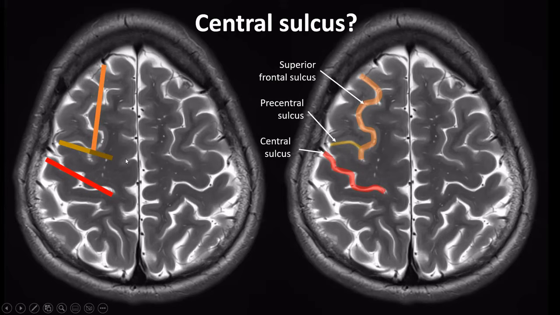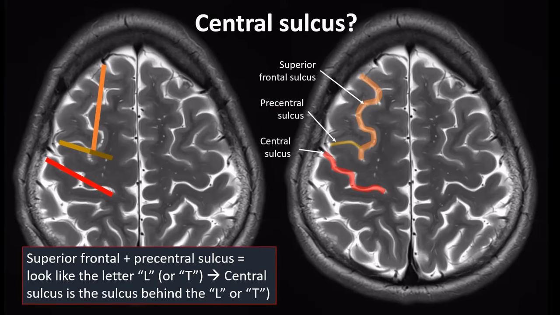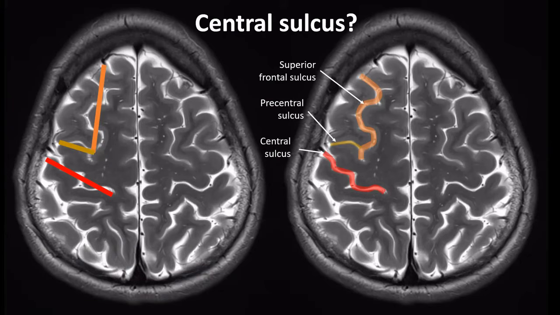And if you know where the central sulcus is and you know your anatomy, you can figure out all the rest on your own. So look for the letter T or the letter L, and then you know the central sulcus, and then you can figure out all the rest on your own.